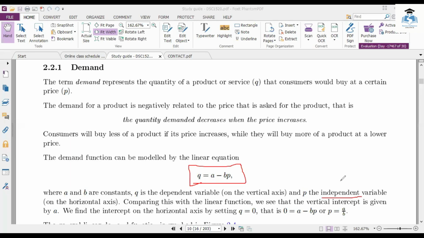So I guess dependent will be depending on whether the demand is high, whether the price increases. That is just my understanding. Okay. So what we are simply saying is that whatever is on the left-hand side of the equal sign depends on what is on the right-hand side.